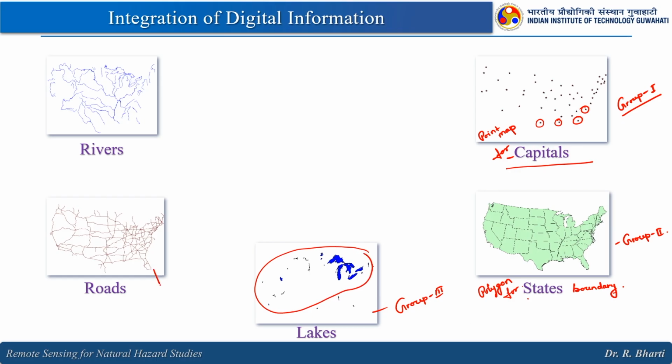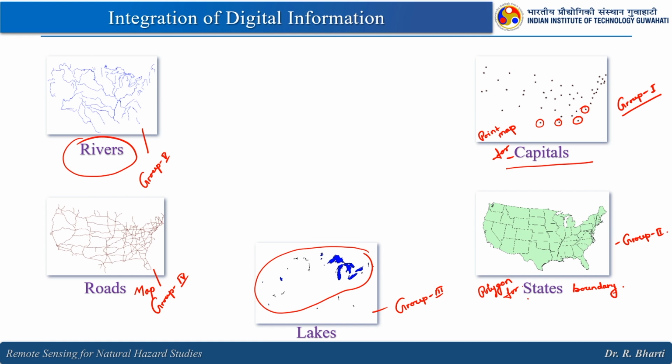Now, group 4 has generated the road map, right, and then group 5 has generated the information about rivers.